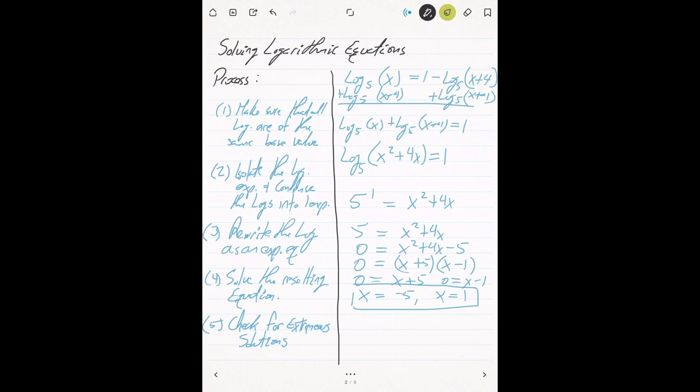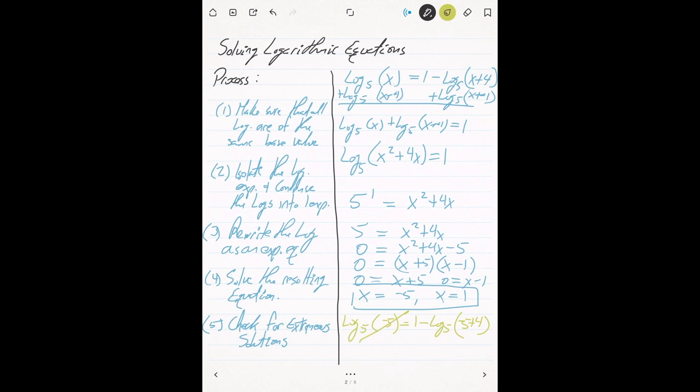Log 5 of -5, does that equal 1 minus log 5 of -5 plus 4? What do you think? Is this going to be allowed? Hopefully you're saying right away, no, this isn't allowed, because we cannot have a negative value for the argument, right? Take a look here. Log of -5, that's not allowed.